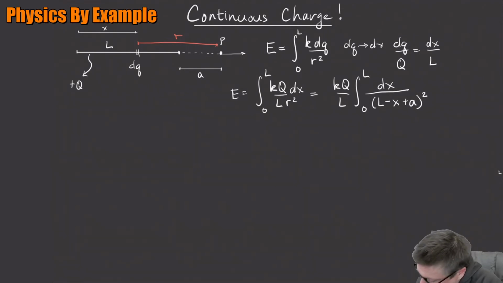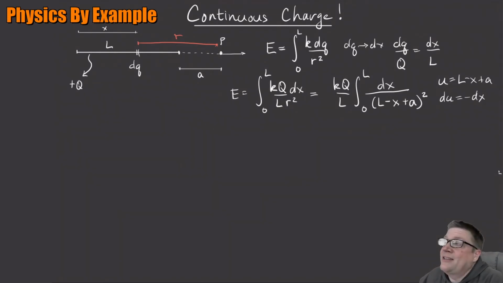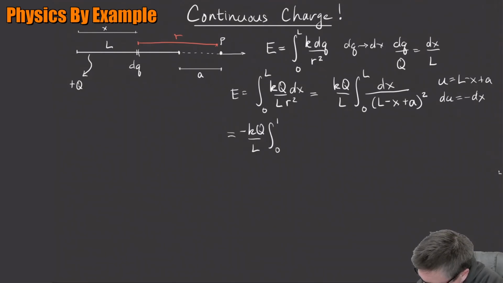Okay, so let's do this. And now what I'm going to do is say, again, this is u substitution, so u is L minus X plus A, du is minus dx. And I've got that, except for the minus sign. So this is going to be minus kQ over L, 0 to L. I'm going to have du, I've already got the minus sign, du over u squared.